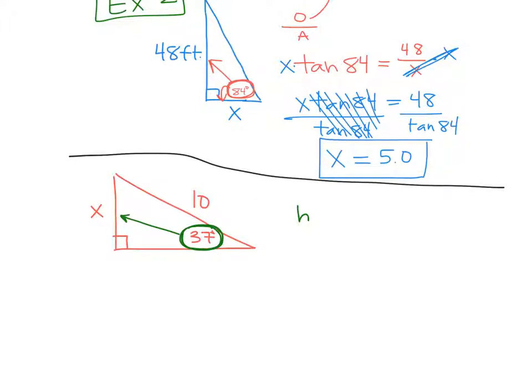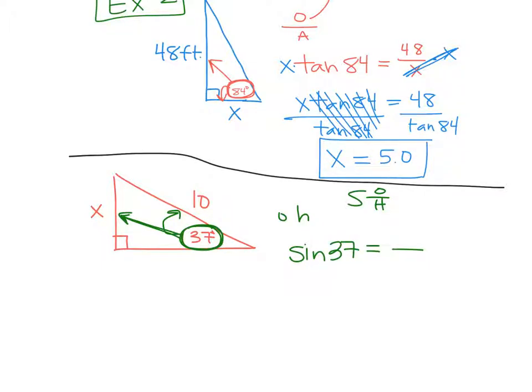You have the opposite side, and you have a hypotenuse. So that would be sine, right? Because sine is opposite over hypotenuse. So we're going to say sine what? Always the angle. Sine 37, okay, equals, what's your ratio?